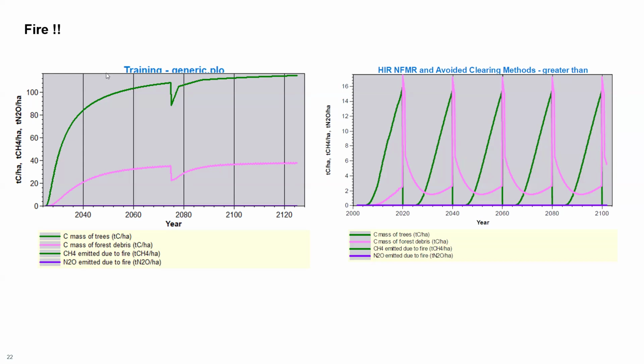So I thought I'd show you, remember those output curves from full cam? That's what they look like when you create a fire event. The one on the left is one single fire event in the middle. And the other one is the baseline modeling for an avoided clearing project where you have those repetitive cycles of clearing.